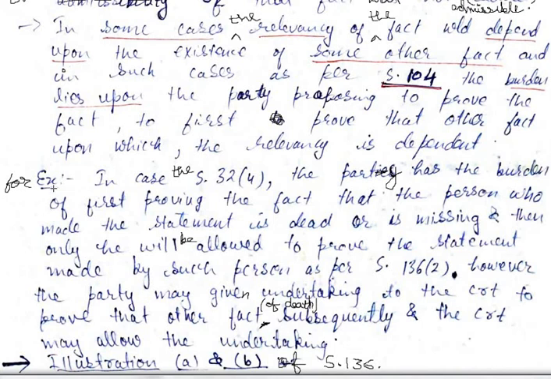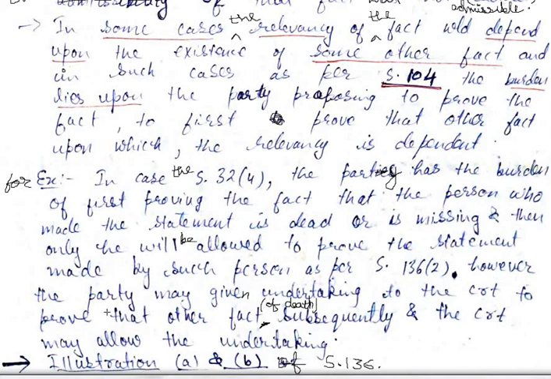For example, in the case of section 32 clause 4, the party has the burden of first proving the fact that the person who made the statement is dead or is missing, and then only he will be allowed to prove the statement made by such person, as per section 136 para 2.